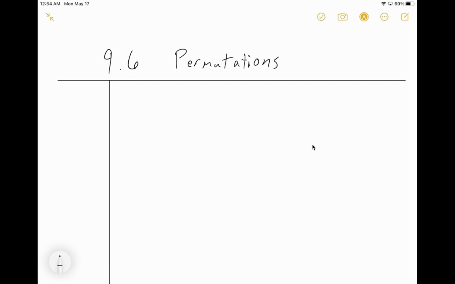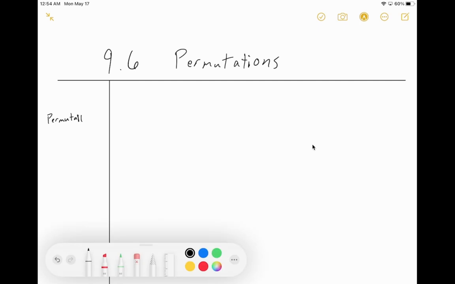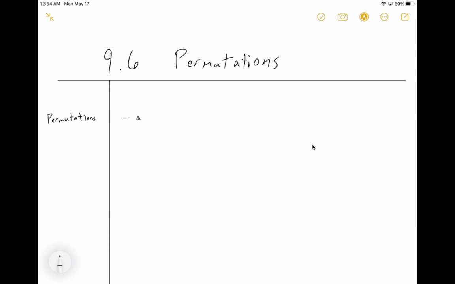Okay, so first let's talk about a definition of a permutation. Think of it as all the different orders things could be in. So far in probability, we've talked about all the different possibilities, and this is true too.